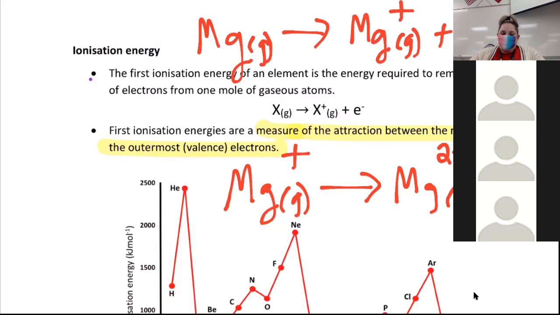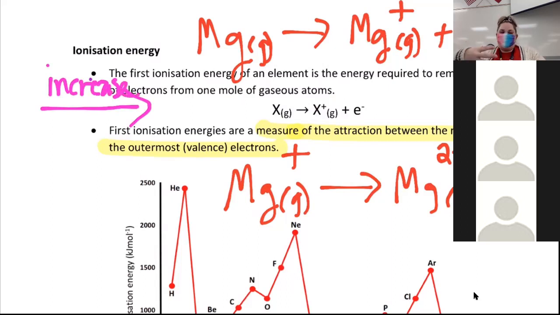If you look at an actual periodic table, what you're going to see for ionization energy is that as you go across a period, left to right, ionization energy is going to increase. The reason it increases is that as we go across, our atomic radius is getting smaller because the nuclear charge is increasing.